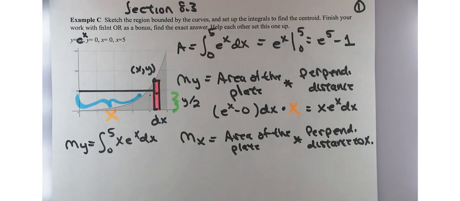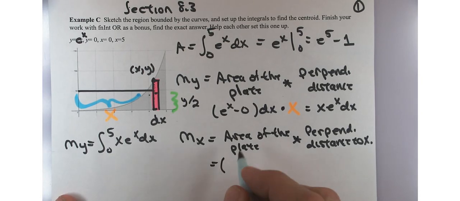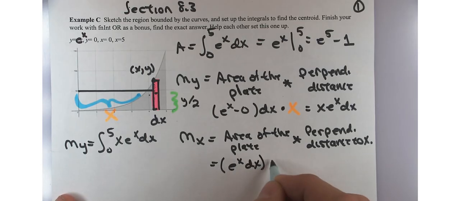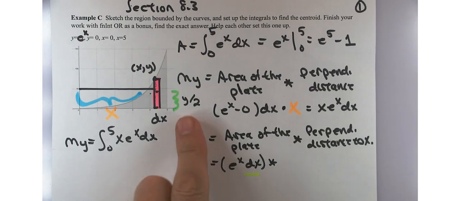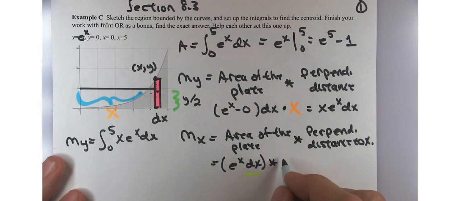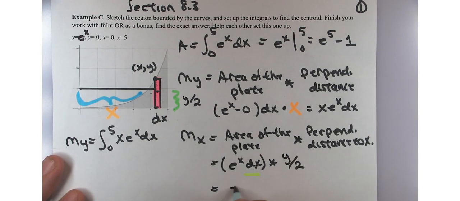Except there's one problem. When I look at my area formula, it's going to be e to the x dx. And that dx there is a nice big clue for us. What's the clue that that dx is giving us? Yeah, everything needs to be in terms of x. So I can't just put y over 2 here. What do I got to put instead? e to the x dx.